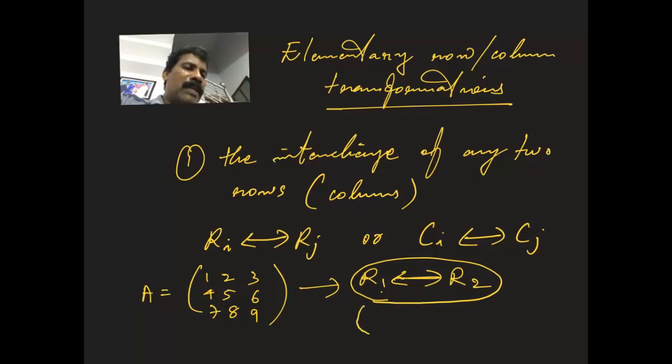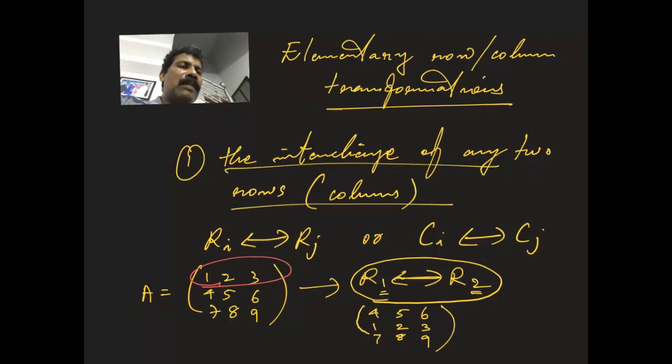That is, first row will be in second row and the second row will be in first row position. So we shall have 4, 5, 6 as the first row, and the present first row, that is 1, 2, 3 will be in the second position. So that is 1, 2, 3 here as the second row, and nothing change with the third row, so we have to write 7, 8, 9 there. That's all. This is the first operation, that is the interchange of any two rows or columns.